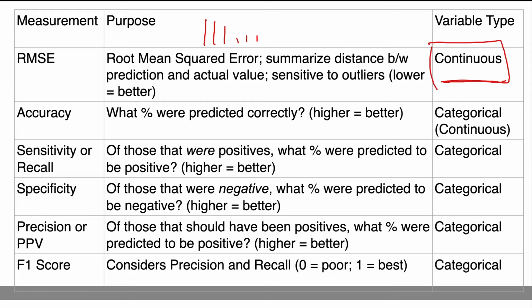So that's the sum of squared errors. Well, root mean squared error is just if you take the sum of squares and divide it by the number, you get the mean, and then you put a square root on it, baby.